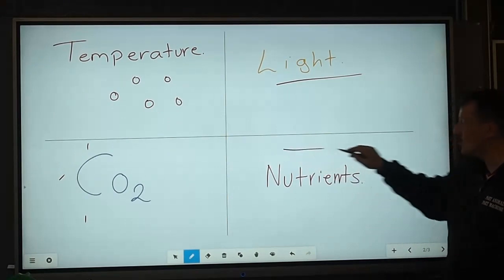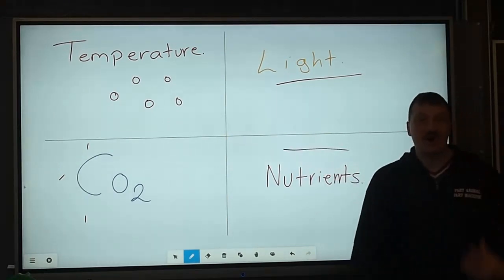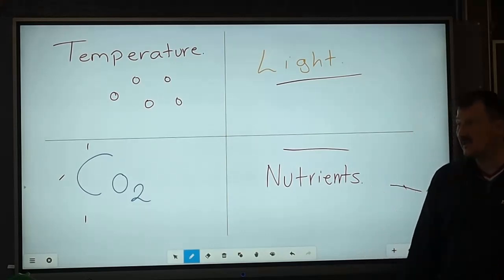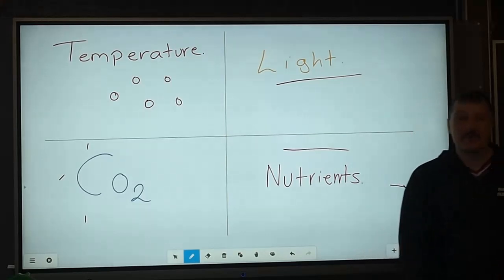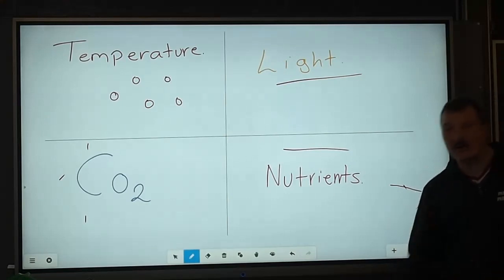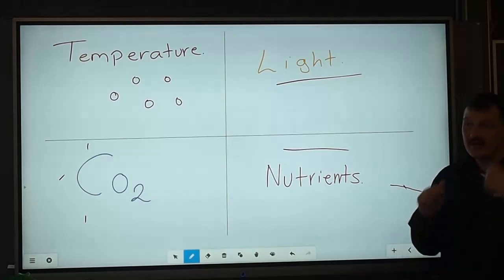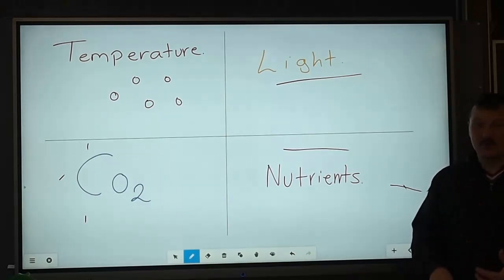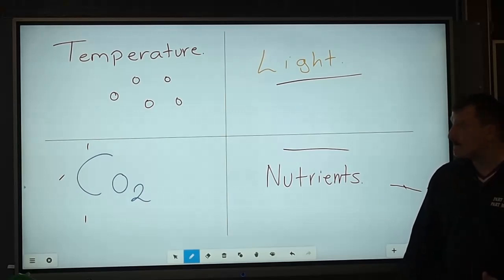And we need nutrients. Nutrients are the other things we need besides the light and the CO2 in the water. That could be magnesium, that could be iron, that could be nitrogen for building protein. It's all the other stuff that's needed to keep the plants and the algae growing.